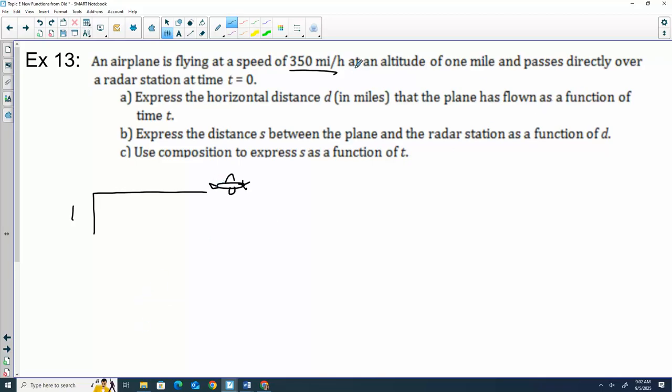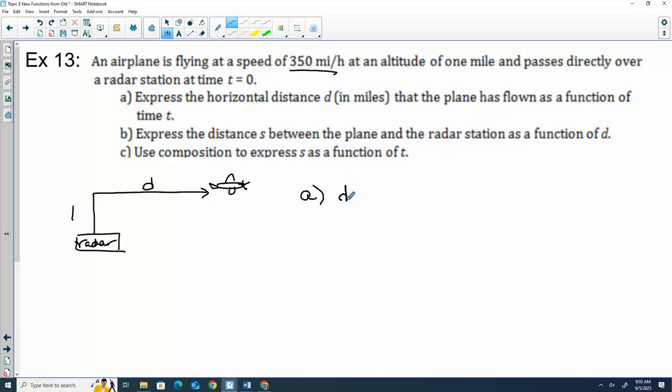It passes directly over a radar station at time t equals 0. So here's my radar station at my starting point. Okay, and now my plane is flying. So A, express the horizontal distance d. So horizontal distance is the variable d in miles that the plane has flown as a function of time t.